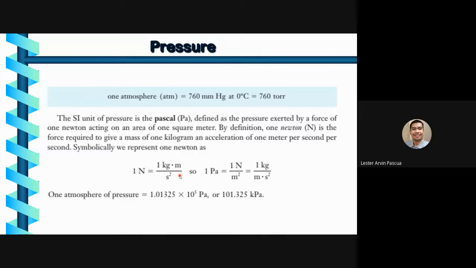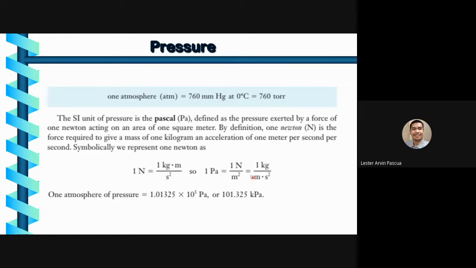So that's the equivalent of force, and we said earlier that pressure is force over area. Area is just the length of one side times itself, so meter squared or cm squared.